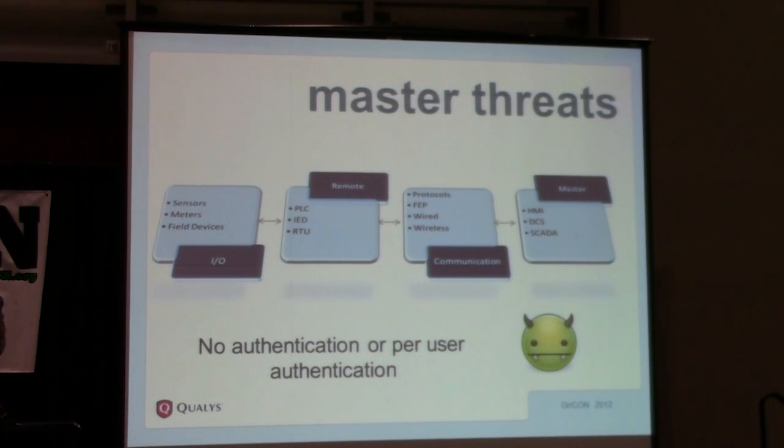Now, that was okay if the network was not connected to the corporate network or internet. But all the viruses and worms that could jump from the corporate network or the internet don't have to get into that control room physically. They can just jump from that network onto the control system network and do the same thing as a human does. So poor user authentication, or just any type of authentication, would go a long way.